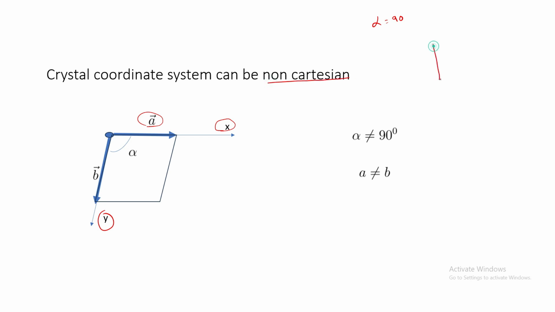That means alpha need not always be 90 degrees, just selecting the vectors along the edges of the unit cell. So alpha can be non-90 degrees. Sometimes alpha can be 120 degrees, and a can be equal to b, or a need not be equal to b, like that. So this is how you select a crystal coordinate system.